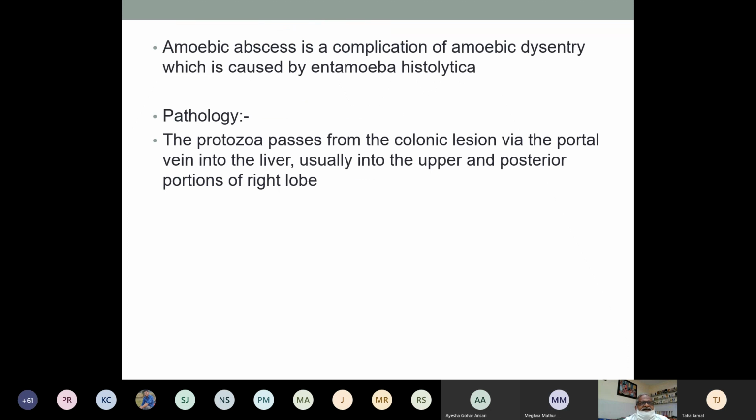Amoebic abscess is a complication of this dysentery which is caused by Entamoeba histolytica. The protozoa pass from chronic lesions via the portal vein into the liver and usually into the upper and posterior portion of the right lobe of the liver.